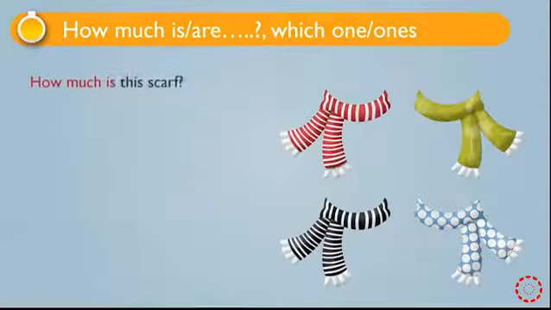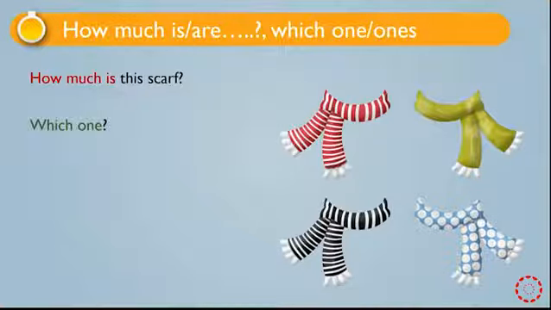Look at these examples. We have 4 scarves here. How much is this scarf? You are asking about one scarf. Which one? We use which one to choose one of them among the others.